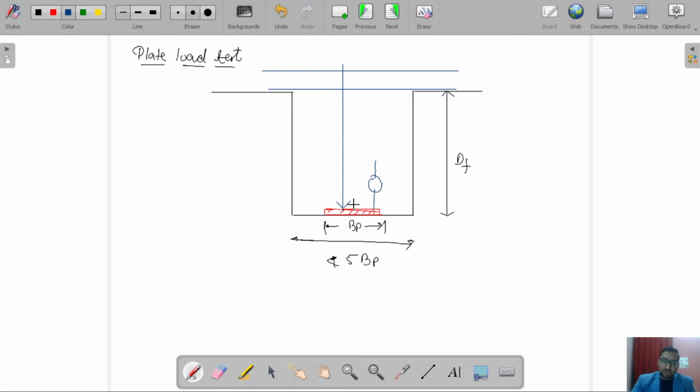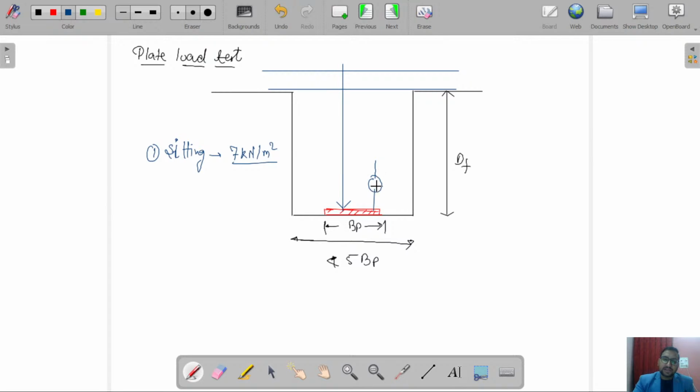In the beginning we apply a seating load so that the plate gets correctly settled over the surface. One seating load of intensity 7 kilonewton per meter square is applied.